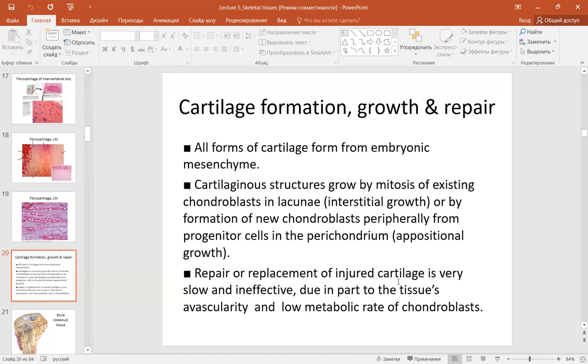Depending on the composition of the extracellular matrix, cartilage tissue is classified into hyaline, elastic, and fibrous cartilage.